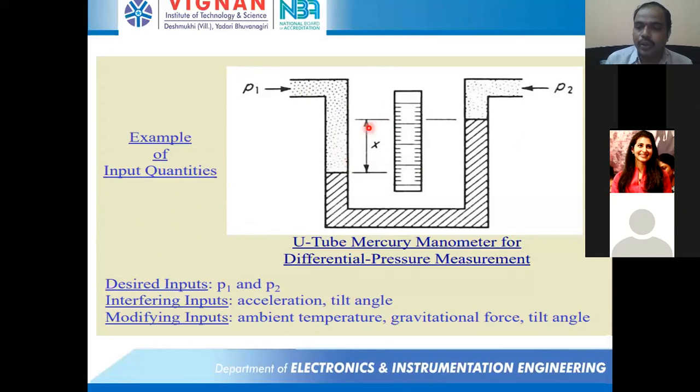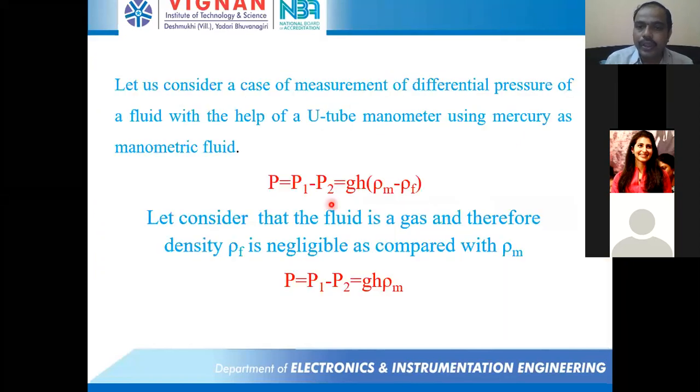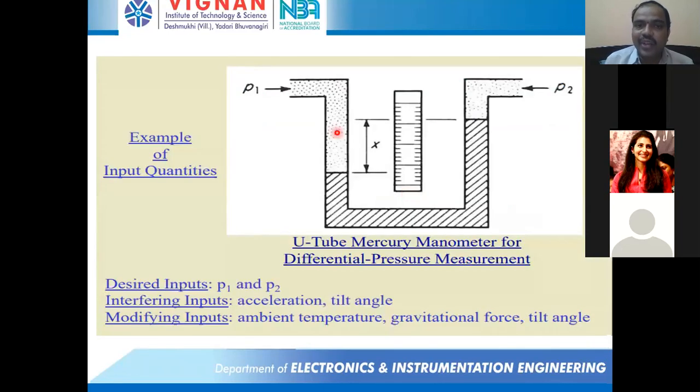P1 minus P2 equals G into H into the density difference. What is G? G is the specific gravity of the fluid. Rho M is the density of the mercury liquid. Rho F is the density of the fluid. What do you mean by fluid? Liquid or gas. Very good, a fluid can be a liquid or a gas.